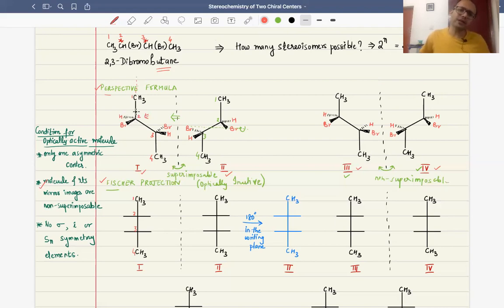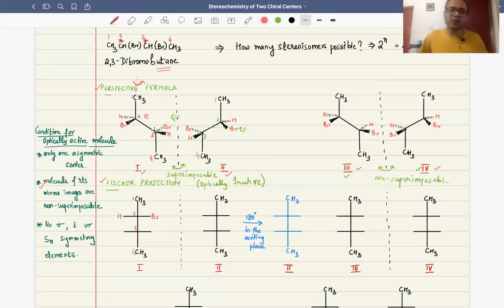We consider an axis passing through carbon number 1 and 2, and we rotate this anti-clockwise. When I rotate it anti-clockwise, what I see is Br is coming on the right side, and obviously the H would be coming on the other side, that is, on the left side.